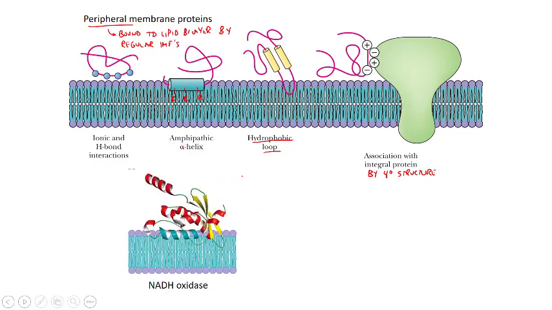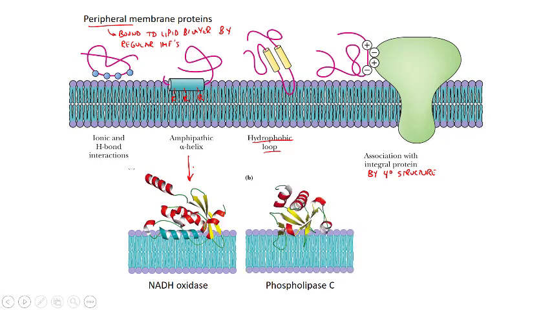To give you more realistic pictures of what this would look like, NADH oxidase is an enzyme that is an amphipathic alpha helical peripheral membrane protein. Phospholipase C, a different enzyme, has a hydrophobic loop. It's actually got two of them right there and there.